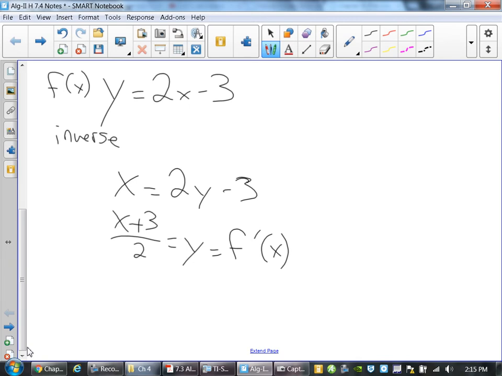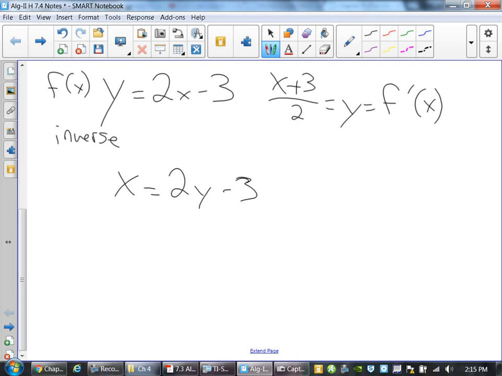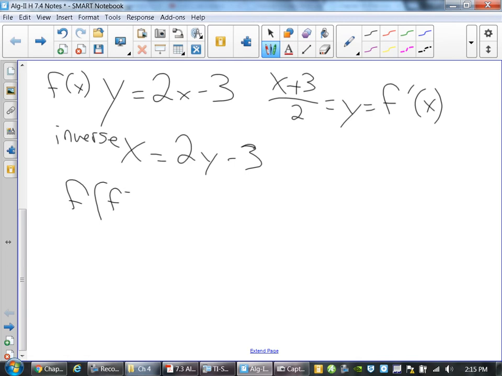If I take f of f prime, you'll see it as prime or you'll see it as the -1. You guys know there's a -1 button on your calculator, right? Yeah. x to the -1 means inverse. Do you know that?